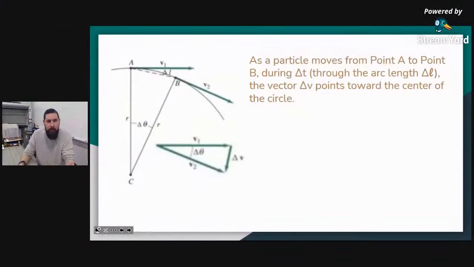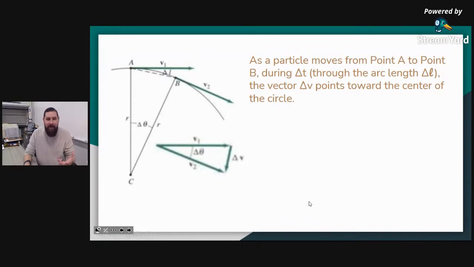What we notice is that this change in velocity is pointing inwards towards the center of that circular motion. And that's what this triangle right here is showing you.